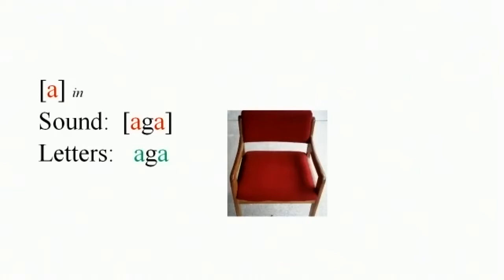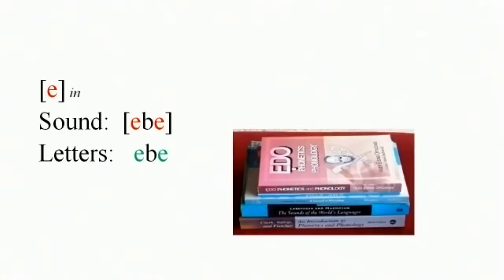Then in a bit, you can see in green, it is the letter E. Then in the word egogo, you have there in green the letter E with a subdot.